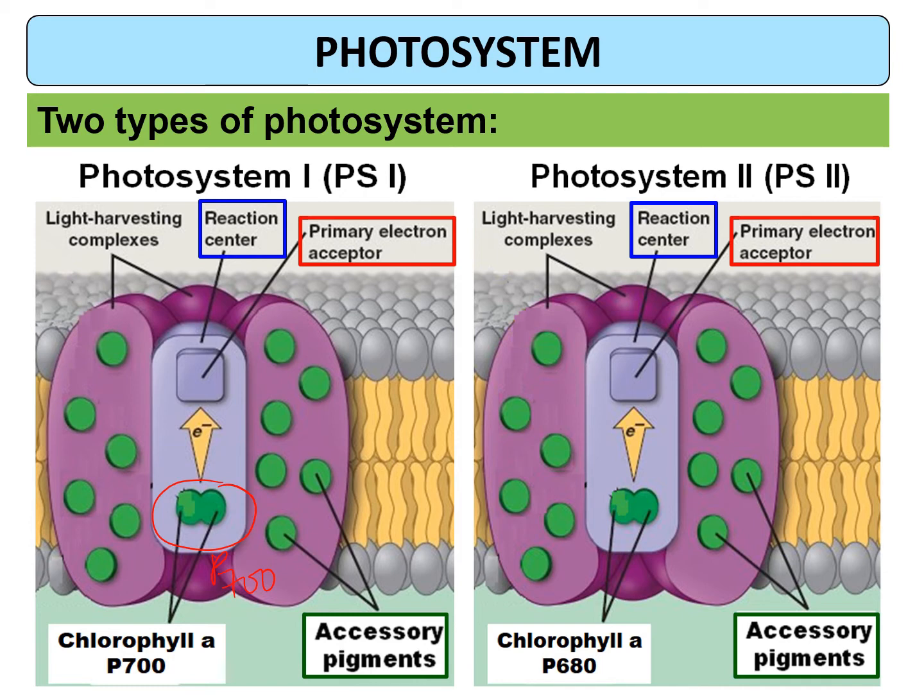For photosystem 2, it absorbs at a wavelength of 680 nanometers, thus it is labeled chlorophyll A P680. So what we should remember is photosystem 2, P680, while photosystem 1, P700.